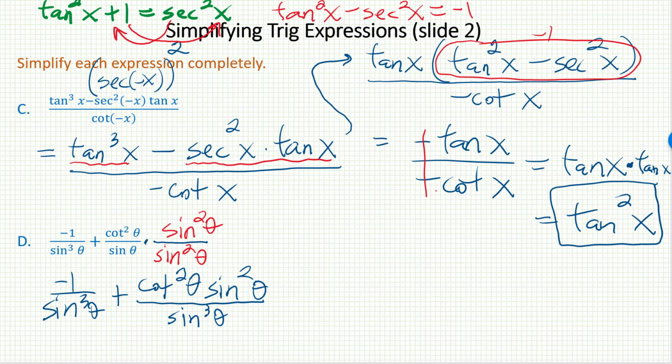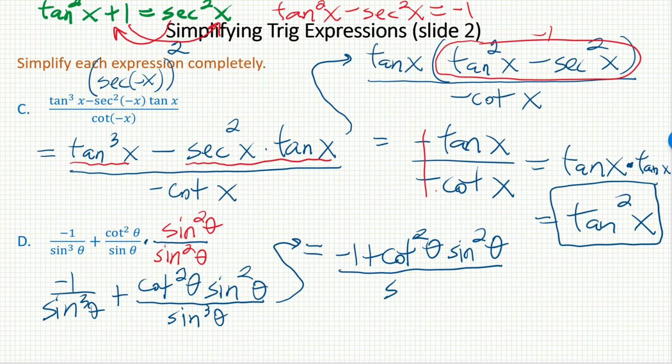Okay, so my second fraction is now cotangent squared theta sine squared theta over sine cubed theta. The denominators match, so let's go ahead and add. Our numerator will be negative 1 plus cotangent squared theta sine squared theta. And our denominator, of course, is sine cubed theta.